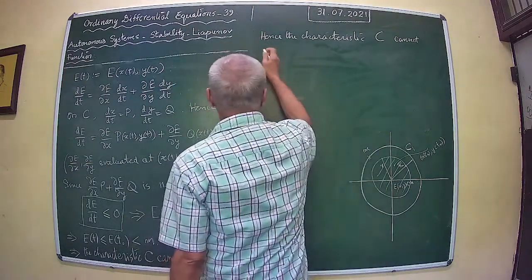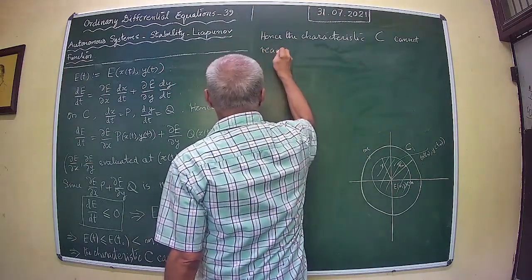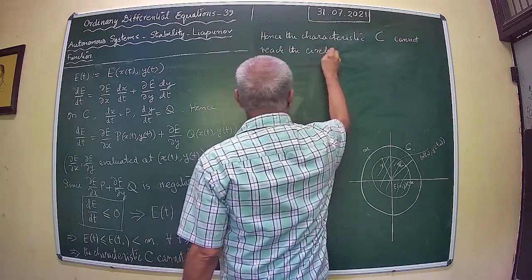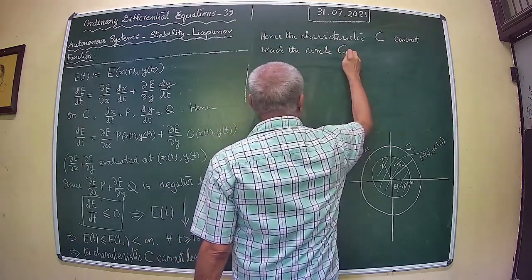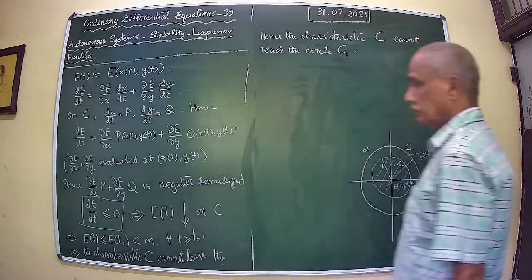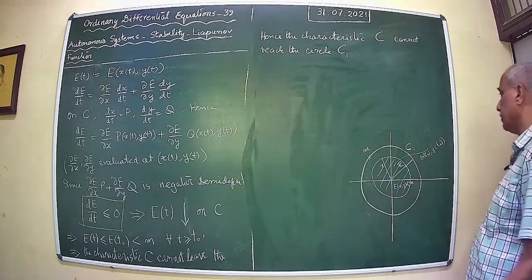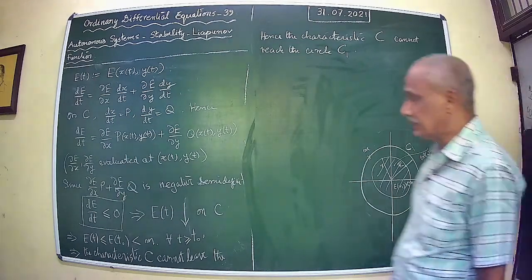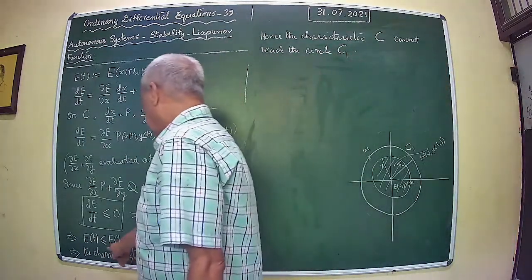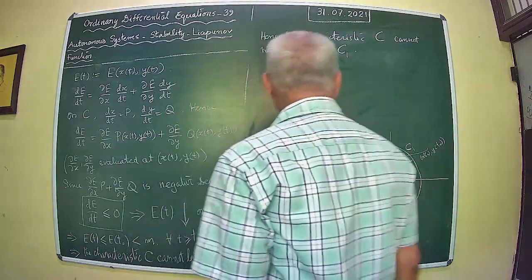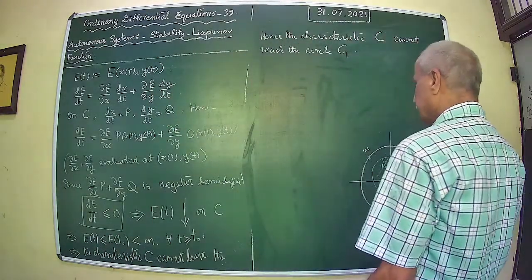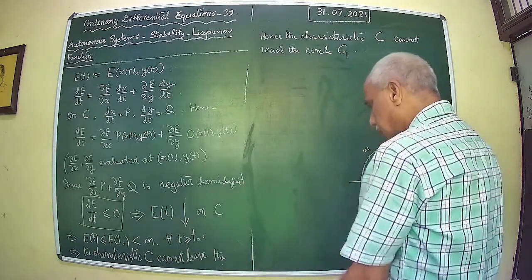Reach the circle C1. So the minimum value attained on that C1 is m, and E(t) is strictly less than m, so it can never reach the circle C1. So it remains inside the circle C1.